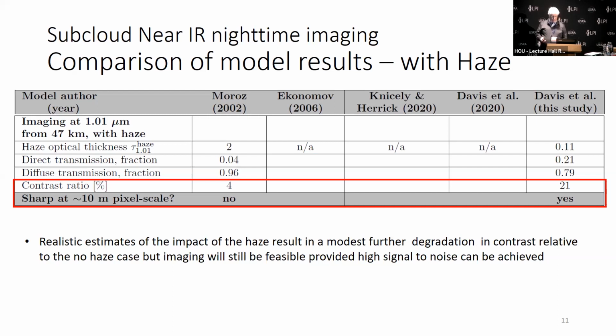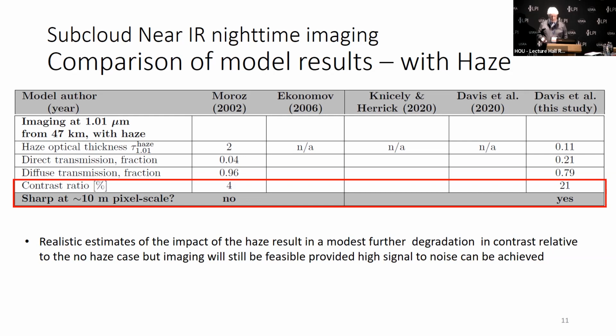The other key part of this was the haze and the effect of the haze. And so we modeled that based on the results from Pioneer Venus, and we've taken a sort of worst case assumption of a factor of 10 beyond what was seen there. Moroz, on the other hand, relied for his haze estimates on some of the Russian results, which we think are a little more questionable.